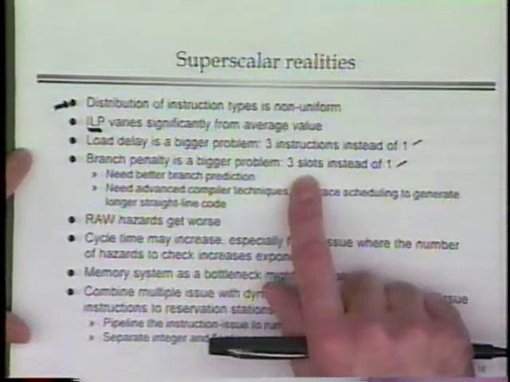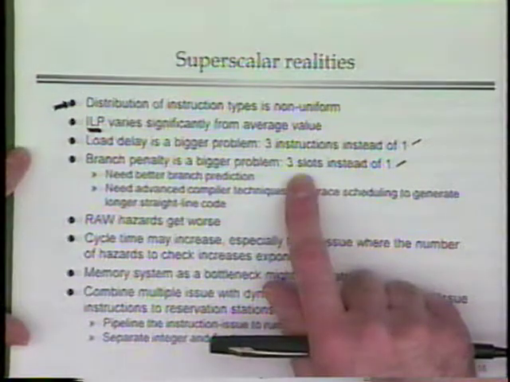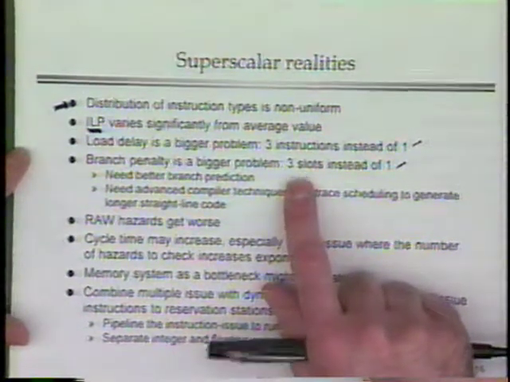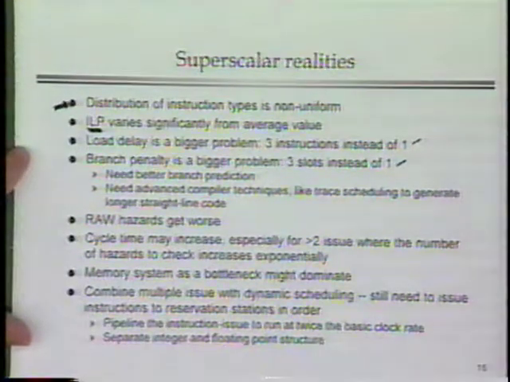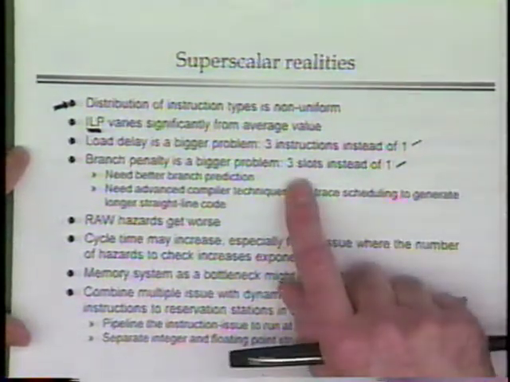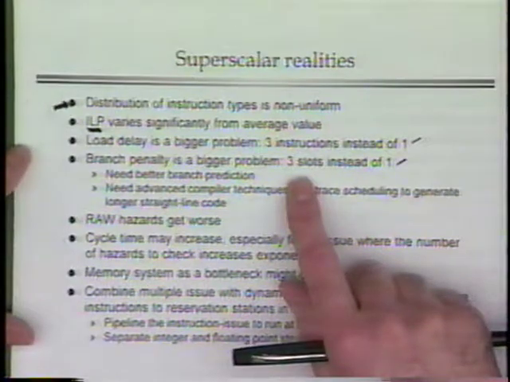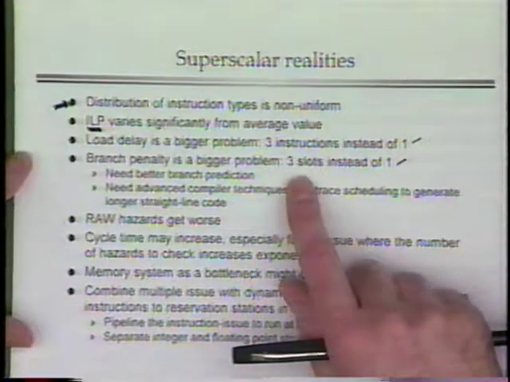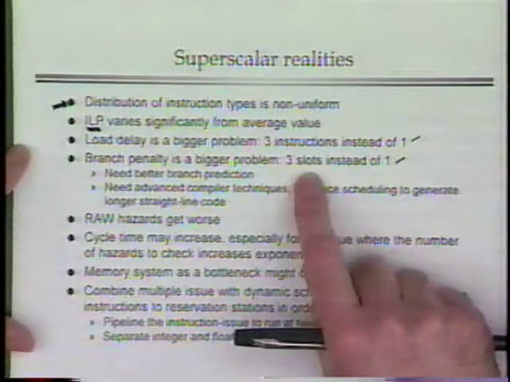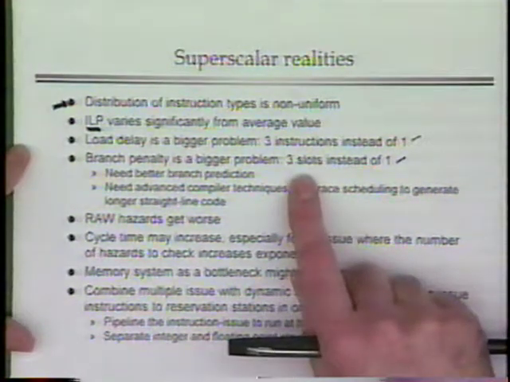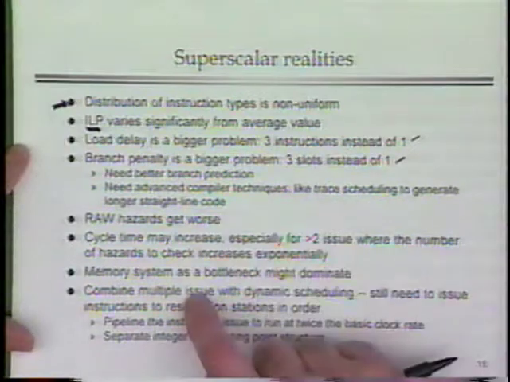And in fact, doing branch delay slots at all for superscalar machines turns out to be quite a nightmare because it depends a lot on alignment of instructions in pairs or quads and which instructions are in different places in the pairs and so forth. And most superscalar machines, in fact, try to avoid having branch delay slots at all.